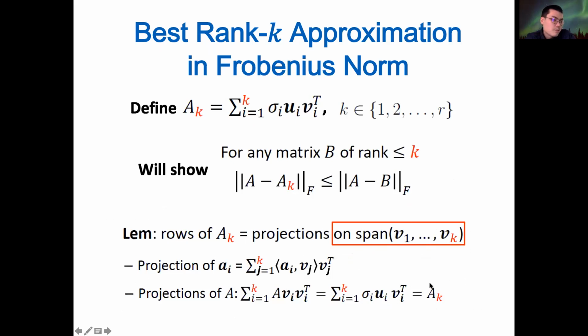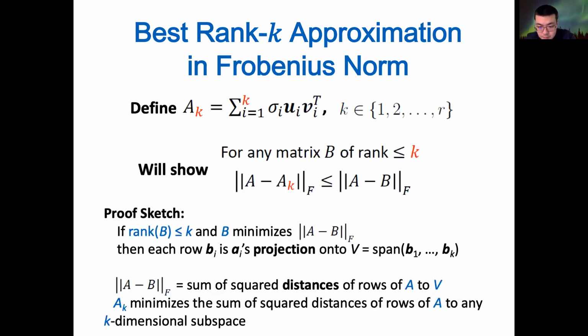Because the best fitting K-dimensional space is where we choose V1, V2, V3 in that way that maximizes the components. Because AK is the best fitting subspace that we showed earlier, AK minimizes the sum of square distance of A to any space. So this V can be no better, and that's why we have this relationship.